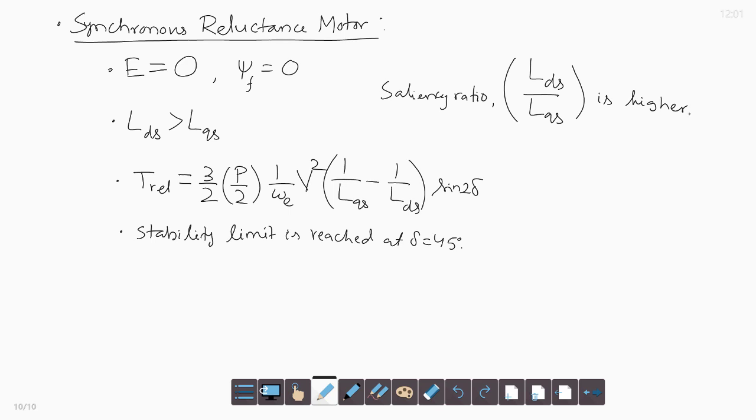So, it leads to higher torque capability, and how is this higher saliency ratio obtained?